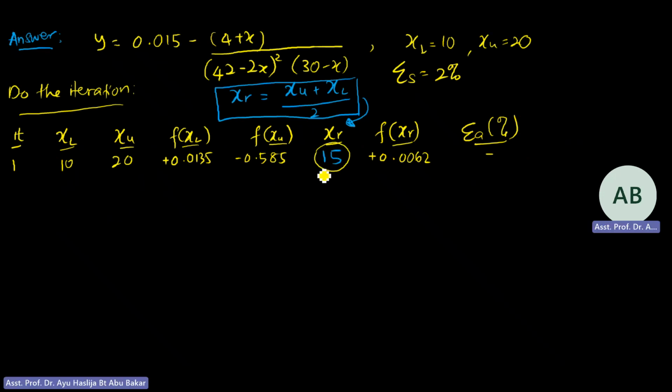So this XR will be the new XL for the second iteration. XU remain. So FXL is the F for 15, the previous FXR over here. Positive. FXU remain.